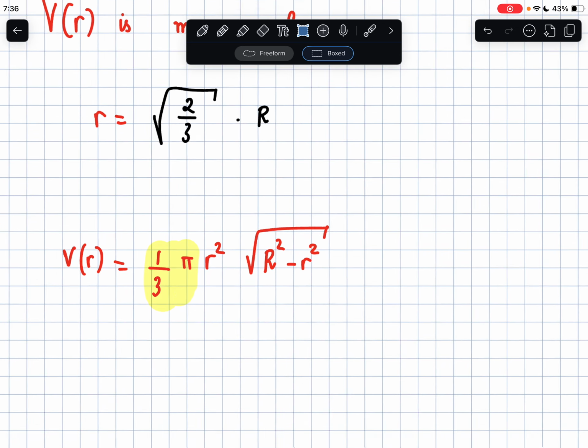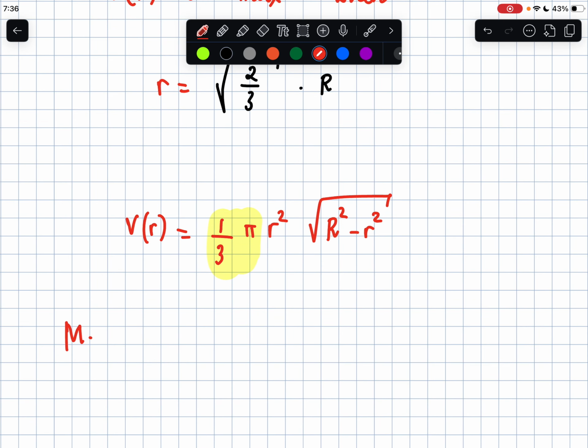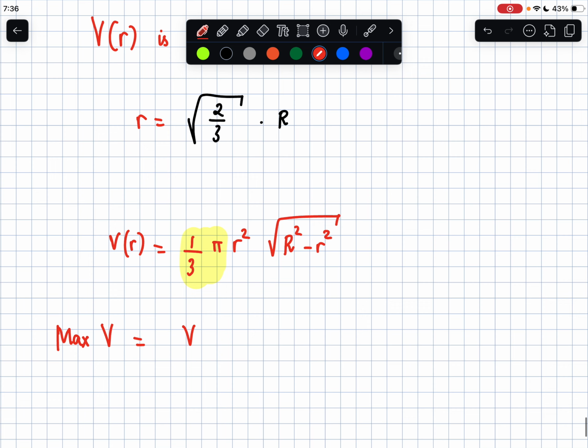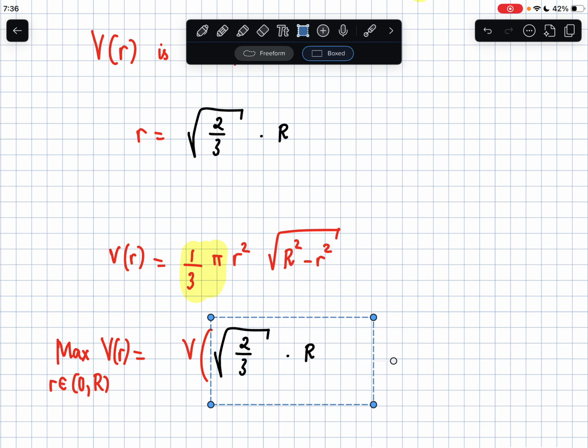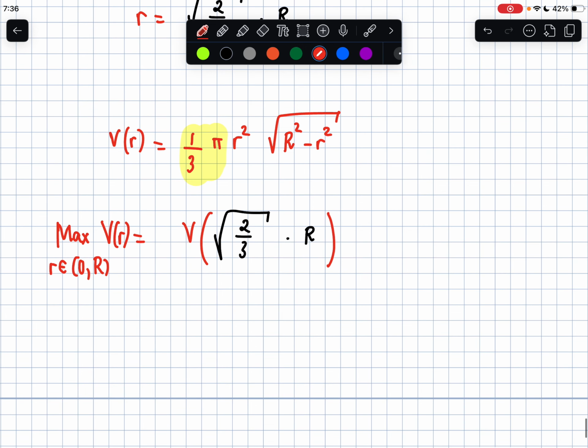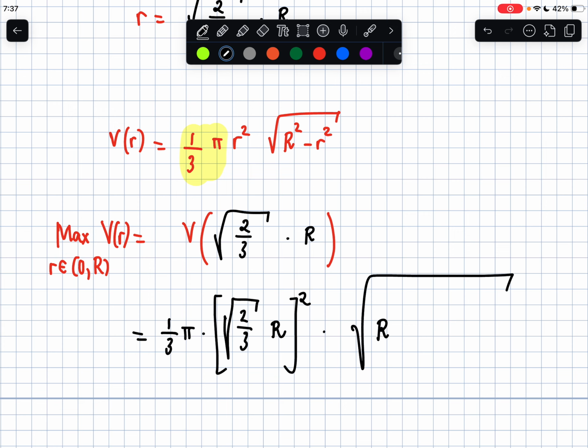Maximum volume is max volume equal to the volume, r between 0 and big R, when volume at the point square root of this times big R. So 1 over 3 pi times square root of 2 over 3 big R, times square root of big R squared minus this term.